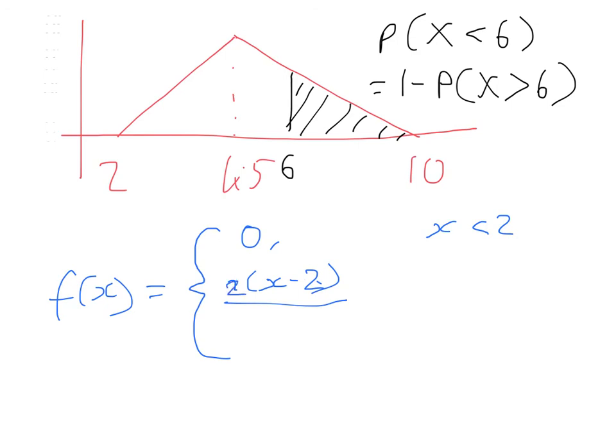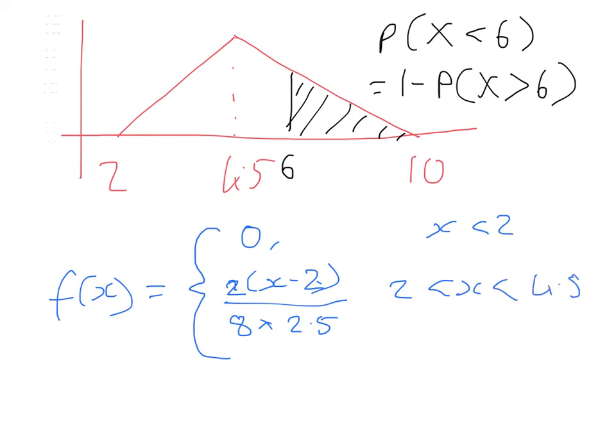Over b minus a. So that's 10 minus 2, 8. Times, and then we've got c minus a, which is 4.5 minus 2. So that's 2.5. And that's between 2 is less than x is less than 4.5.